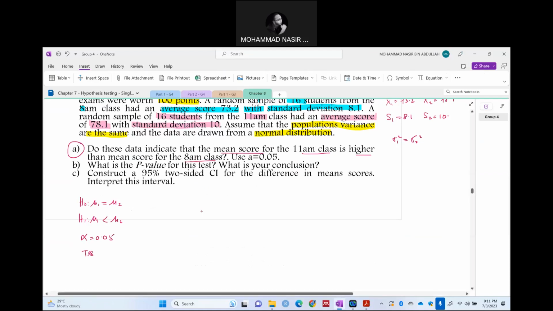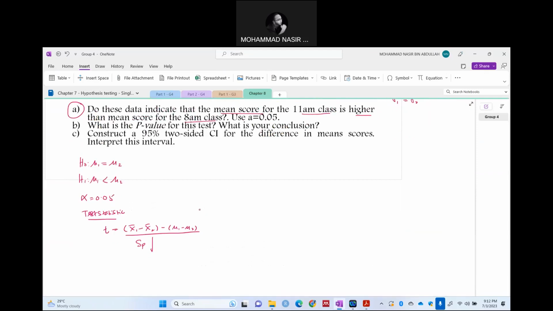And then our test statistic. T equal to x bar 1 minus x bar 2 minus (mu1 minus mu2), divided by the pooled standard deviation times the square root of 1 over n1 plus 1 over n2.